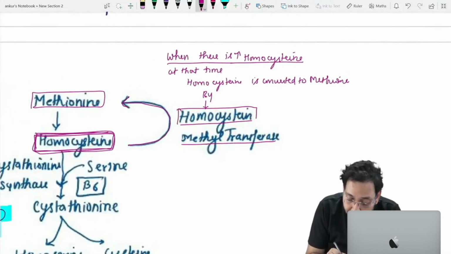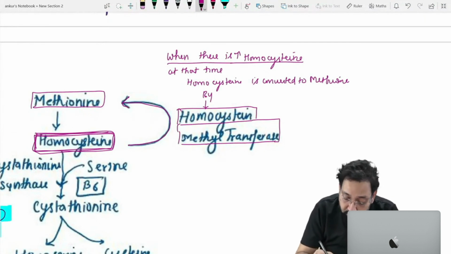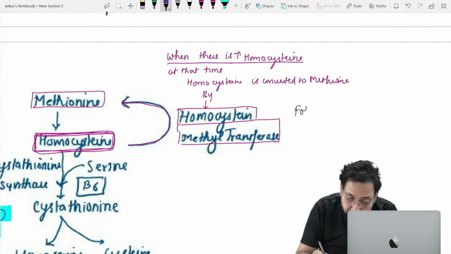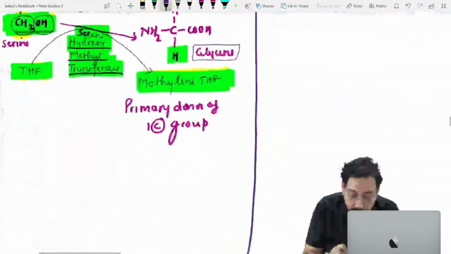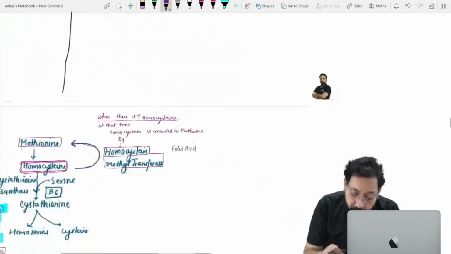Homocysteine methyl transferase. And in this reaction, the methyl group donor is folic acid. I told you, the primary donor of one carbon group is folic acid.